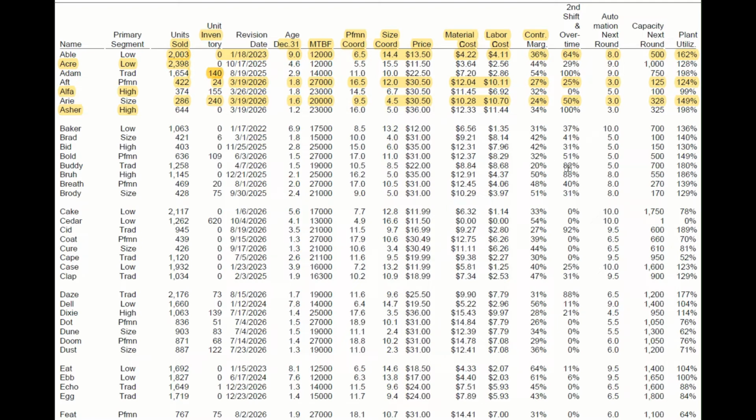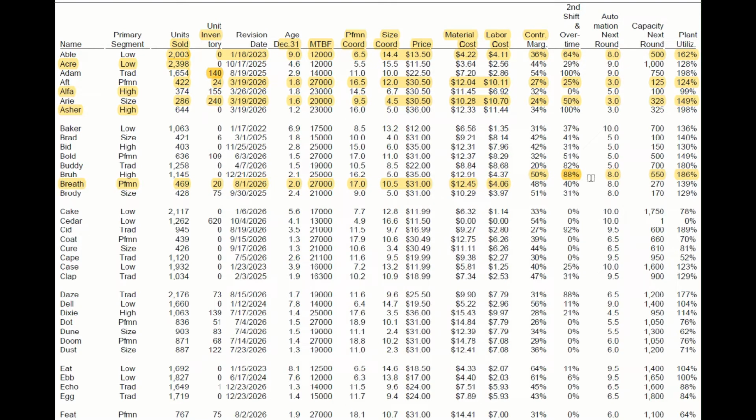For example, we take a look at this Baldwin product here. It has an 88% GM, which is exceedingly high. It's very good. It has a 50% GM and a second shift of 88%.